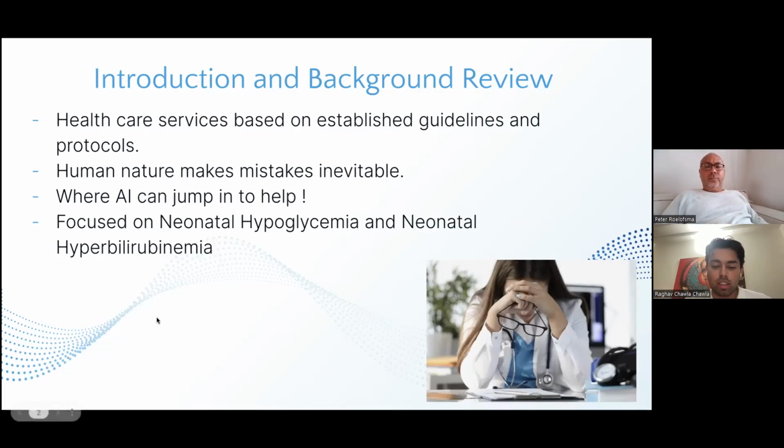So in this thesis, we focused on the neonatal medical protocols to prevent hypoglycemia and hyperbilirubinemia, which is also known as jaundice. And we showed how an AI coach can come in to prevent any deviations from occurring. And if a deviation occurs, that it can quickly be corrected.